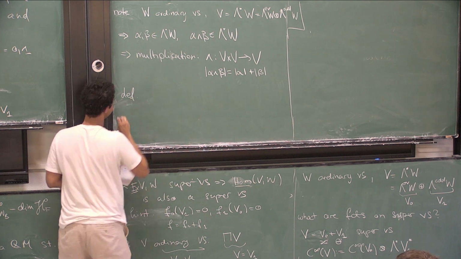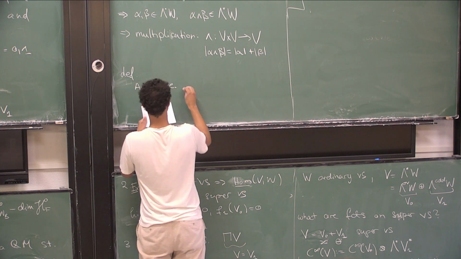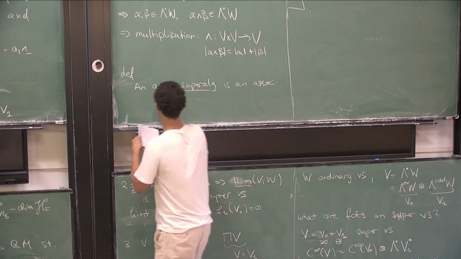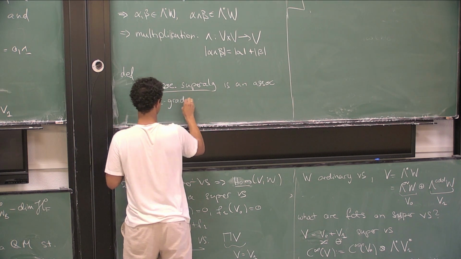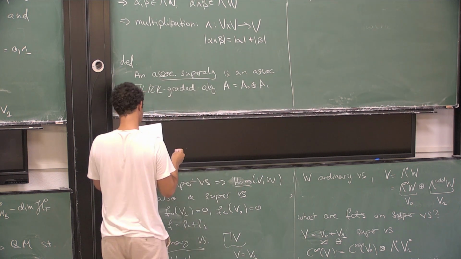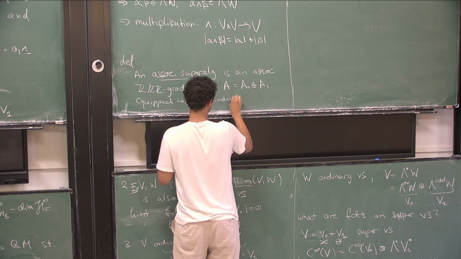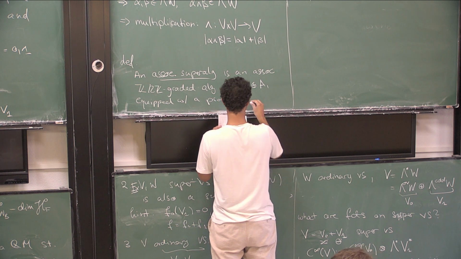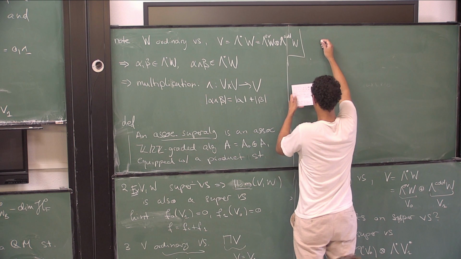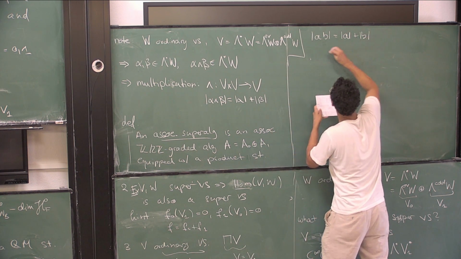Let me now put this idea into a formal definition. An associative superalgebra is an associative Z/2Z graded algebra A, A0 plus A1, equipped with a product such that the parity of AB is the parity of A plus the parity of B. Here's the end of the definition.